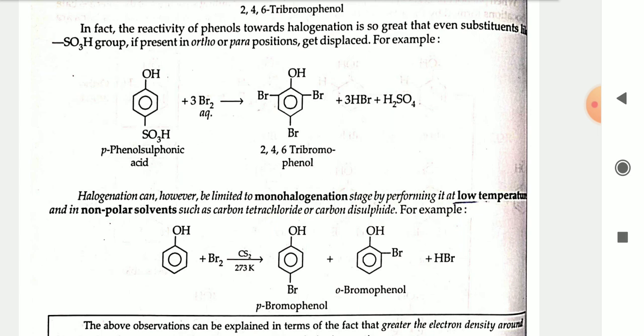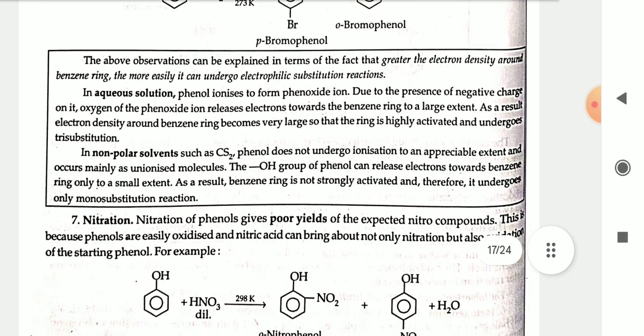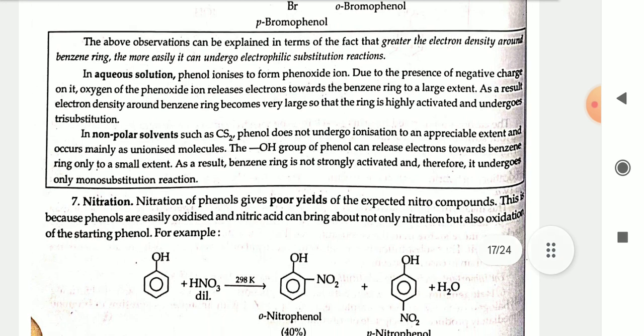For example, phenol plus bromine in the presence of CS2 forms p-bromophenol plus o-bromophenol plus HBr. The above observation can be explained in terms of the fact that the greater the electron density around the benzene ring, the more easily it undergoes electrophilic substitution reaction.